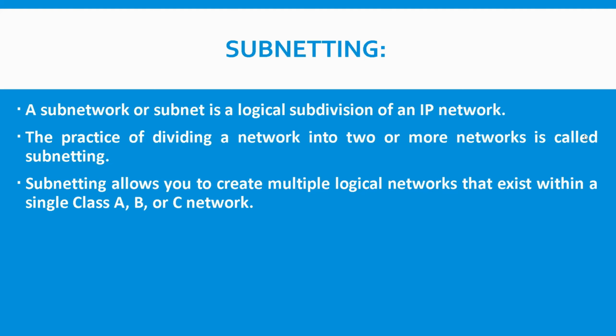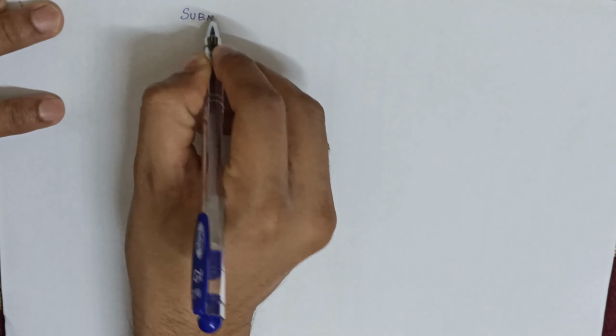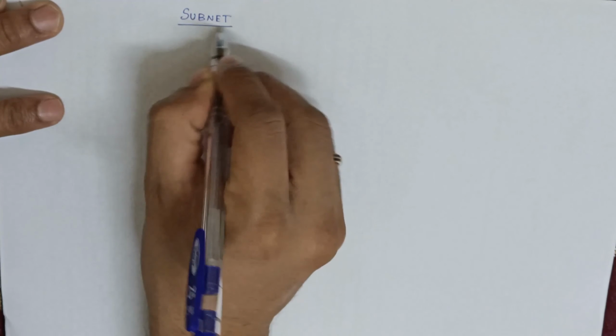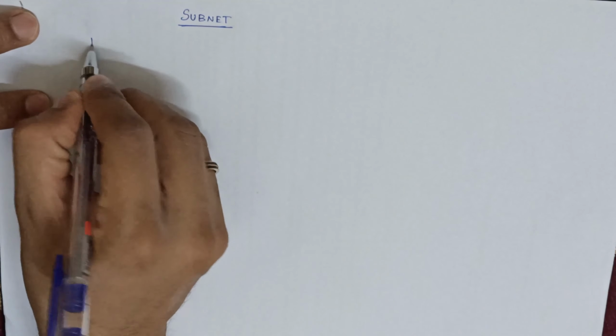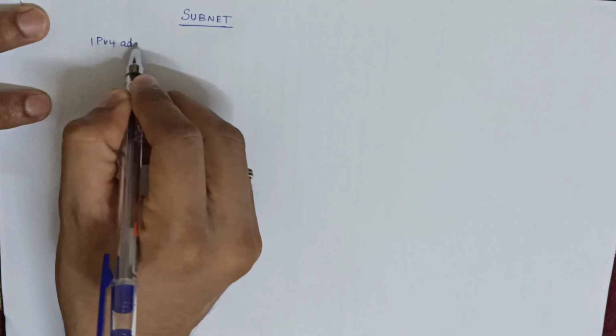In this video, I will give you one easy chart through which you can easily calculate the subnetting. We will see how. Subnetting is used to divide the network into small networks. Here we are using IP version 4 addresses, which are 32 bits in size.